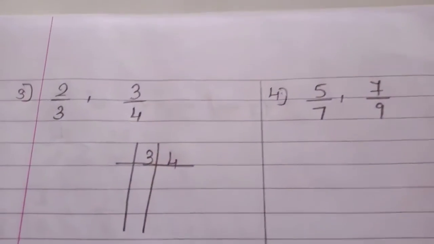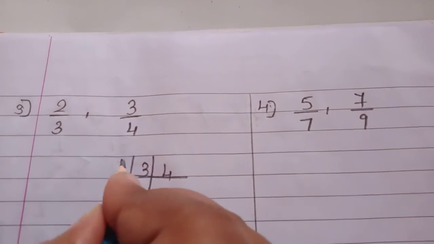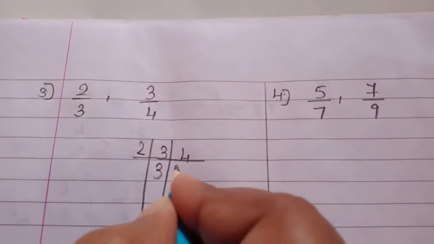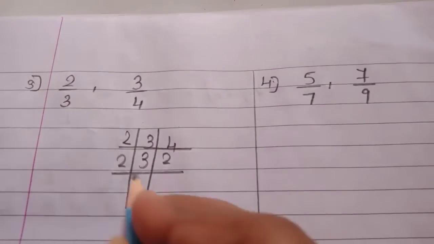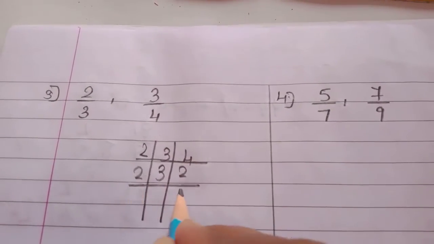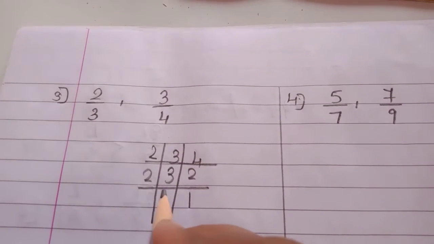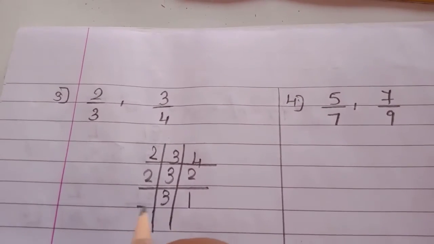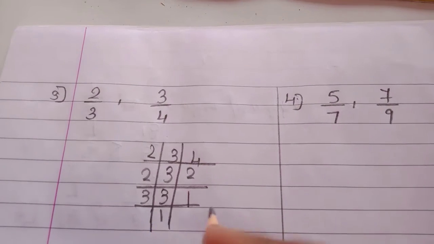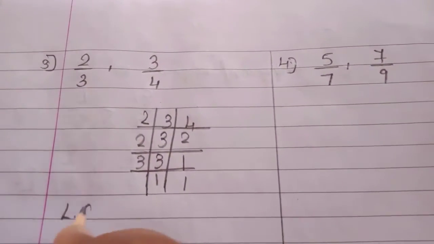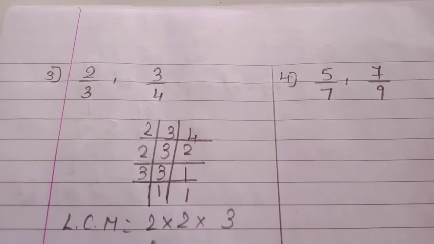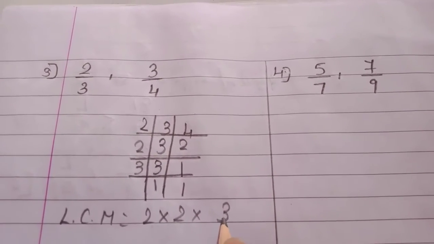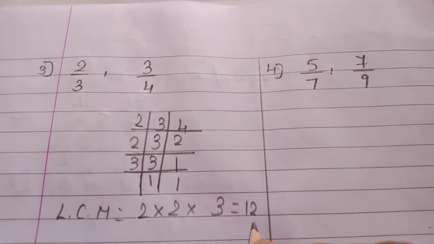So 4 will come in the 2 table first. 2 2s are 4. Then 2 1s are 2. Now this 3 is there, so 3 will come in the 3 table. 3 1s are 3. So now LCM equal to 2 multiplied by 2 multiplied by 3. 2 2s are 4, 4 3s are 12. So LCM equal to 12.